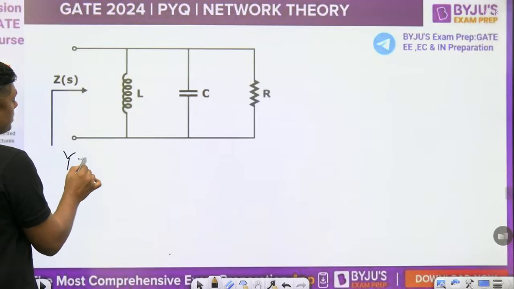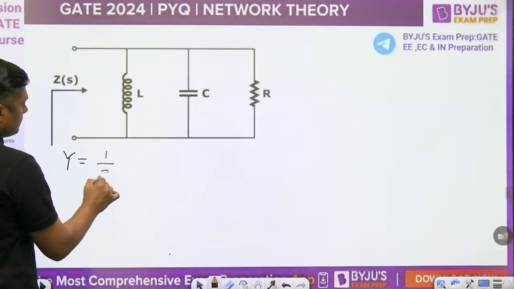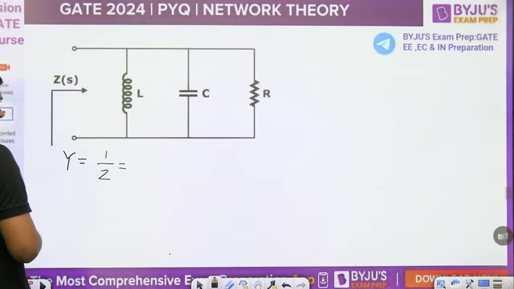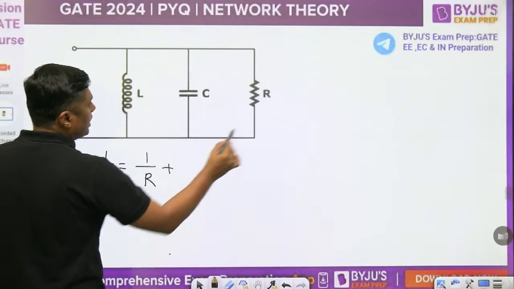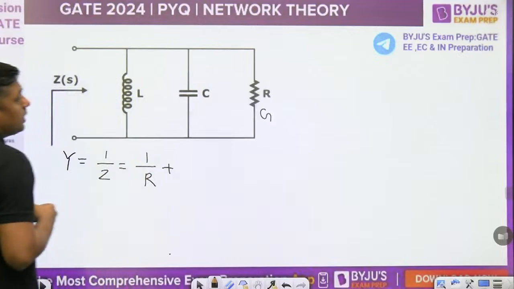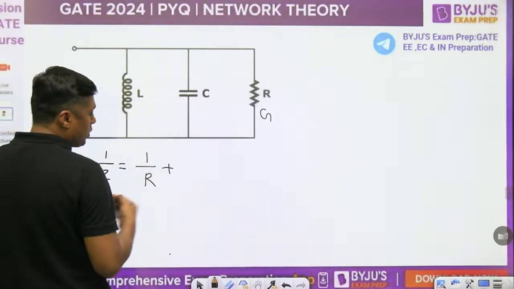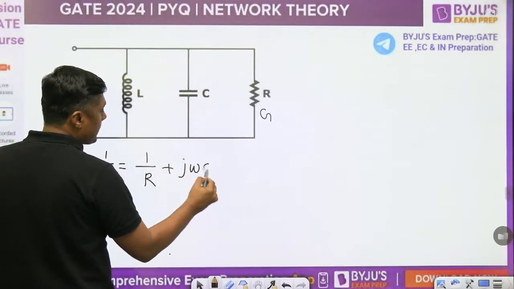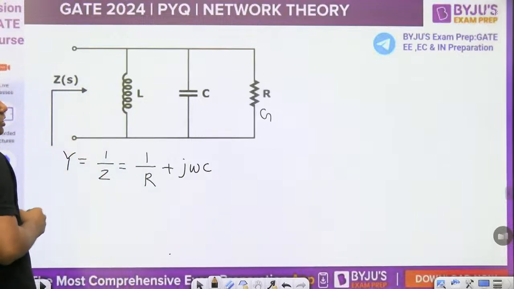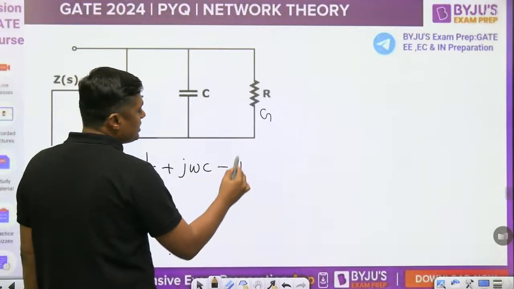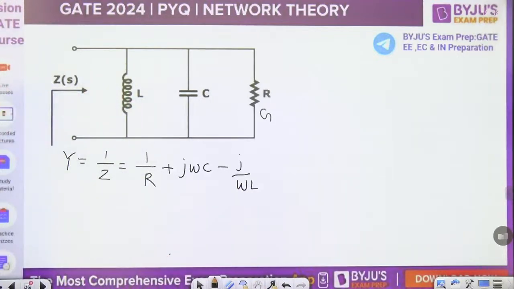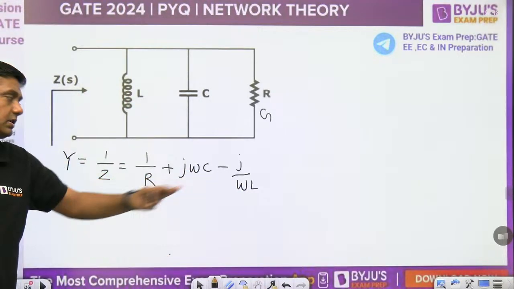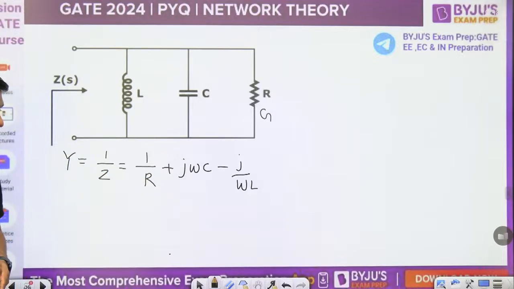Admittance means Y is equal to 1 by Z. What is the admittance because of the resistor? 1 by R. This is called conductance G. Plus, what is the admittance because of the capacitor? J omega C. And what is the admittance because of the inductor? Minus J by omega L, or the SC, or minus that value. Okay. Now, Z is given here.